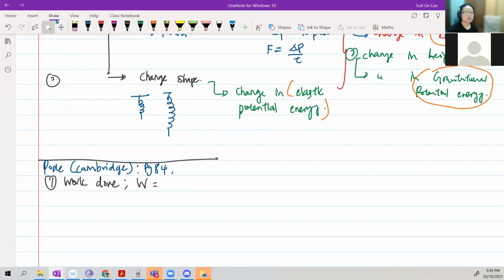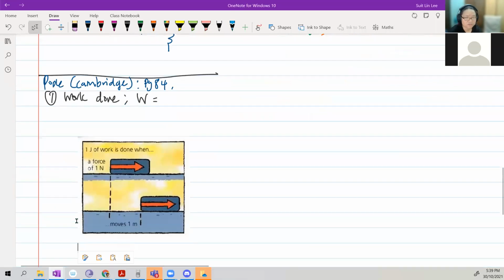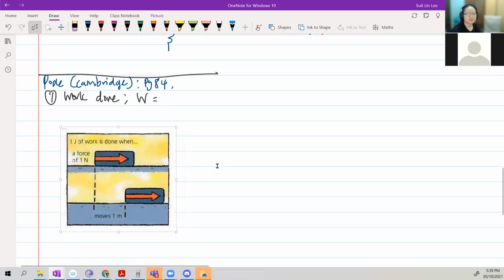Okay, so work done. Let's say, for example, you have an object that is traveling a certain distance, like so. Work done is 1 joule whenever we apply a force of 1 Newton and the object travels a distance of 1 meter.